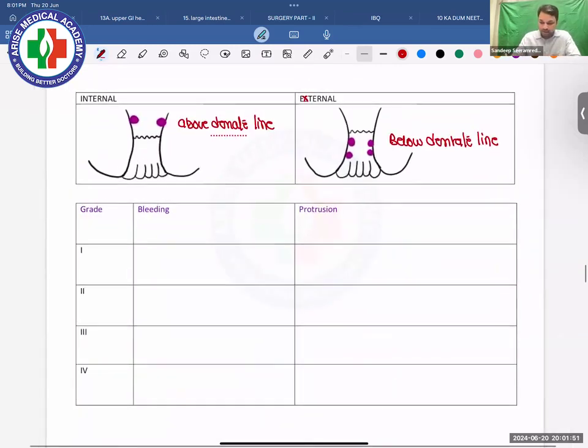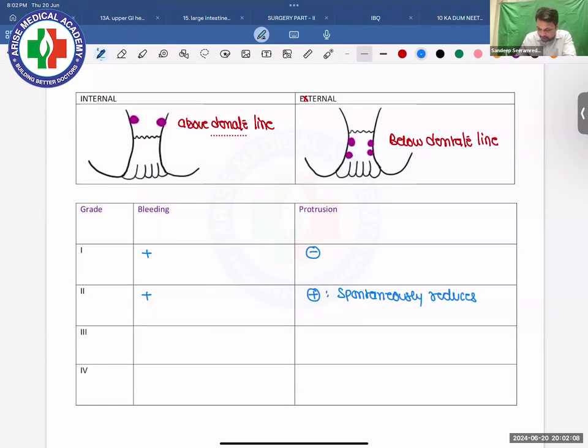Now, grades are on the basis of 2 criteria. One is bleeding, another is protrusion. In grade 1, there is bleeding, but no protrusion. Grade 2, the bleeding is present, protrusion is also there, but it spontaneously reduces without any intervention. Grade 3, bleeding is slightly more.